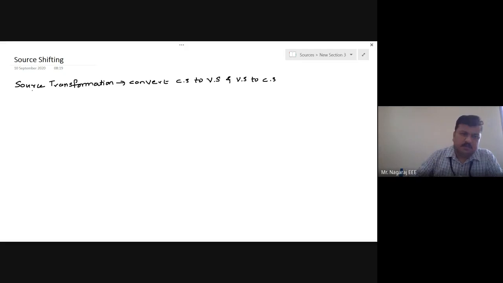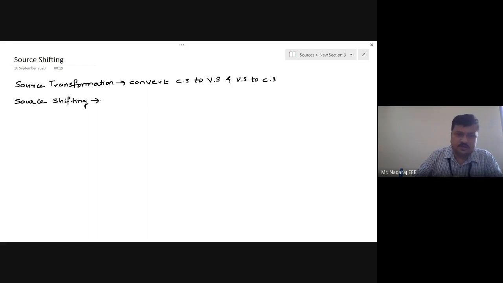Okay, so the next part is source shifting. Here we are changing the position of the sources, such that the branch currents and node voltages will not alter.